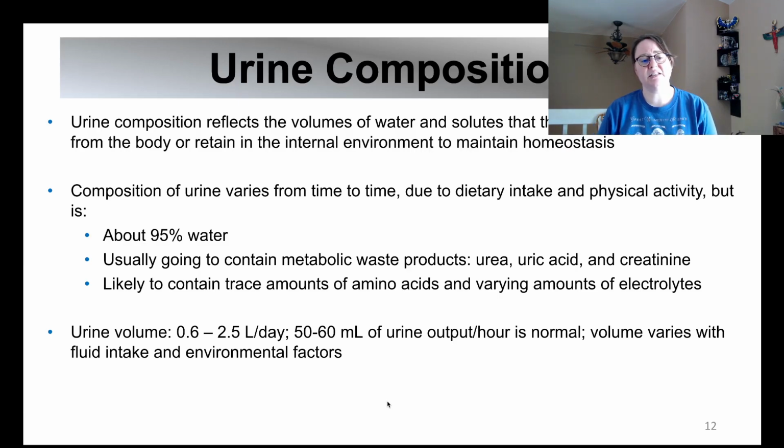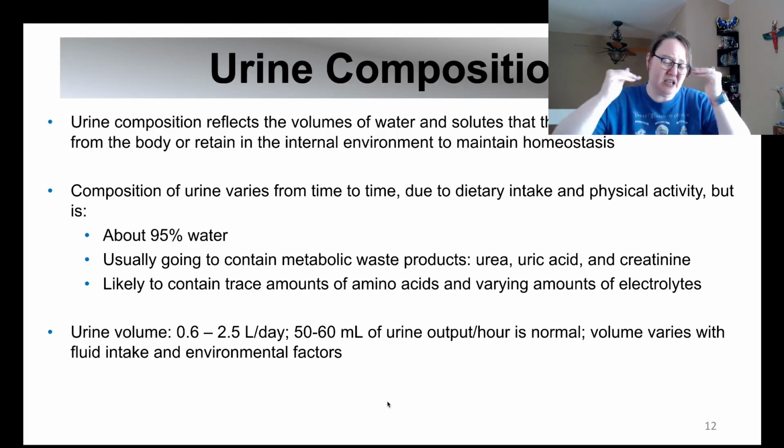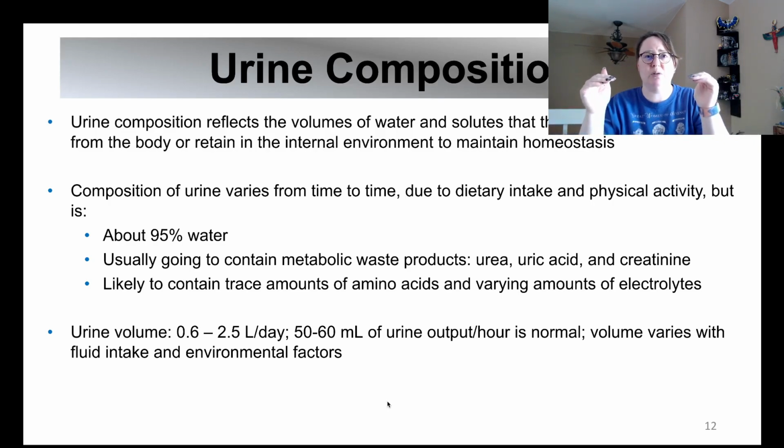It's likely to contain trace amounts of amino acids and varying amounts of electrolytes, depending on if you've got too much of one and not enough of another. Your body's going to figure out how to suck that back. Again, like we talked about, when you hit that threshold, it's like, oh God, we have so much on this end, we can't absorb any, so go out.